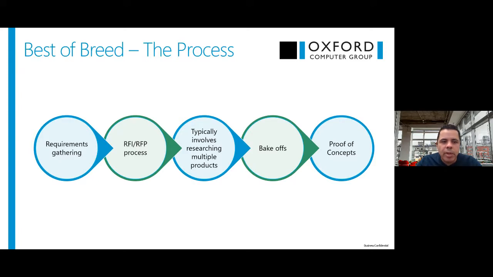There's the RFI, RFP process that can take months, perhaps even longer. During that process, you're researching multiple products, you're having bake-offs, and proofs of concept once you've narrowed it down to perhaps 2 or 3 solutions that you may want to deploy in your environment that may address those needs and address those requirements.